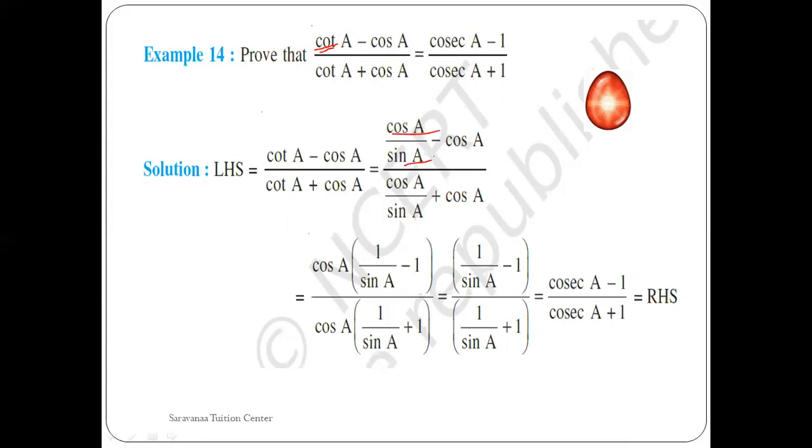So cos by sine you have changed, cos by sine you have changed. Now take that cos commonly outside and cancel it. You get 1 by sin A minus 1 by 1 by sin A plus 1. So 1 by sin A is cosecant A. So you get cosecant A minus 1 and cosecant A plus 1. You proved it.